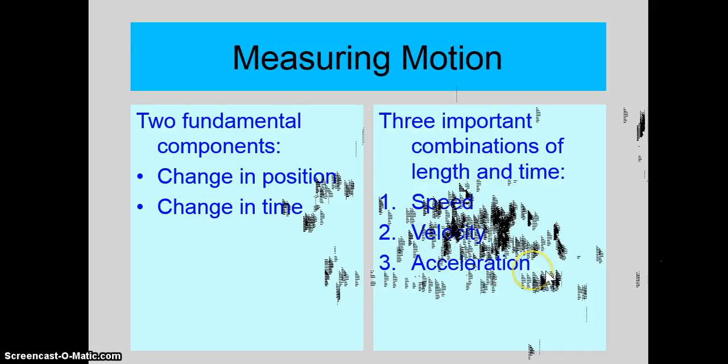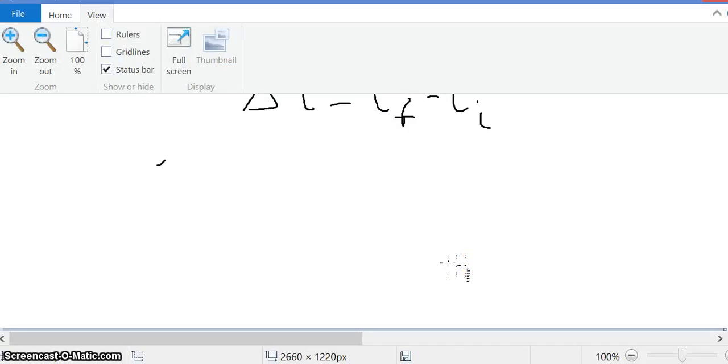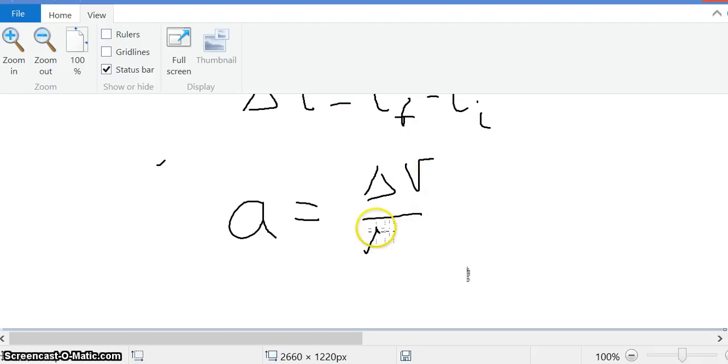So the change in velocity, and it's the same idea. Let's talk about what acceleration is. I'll define it using our concept of change. So acceleration is the change in velocity divided by the change in time.